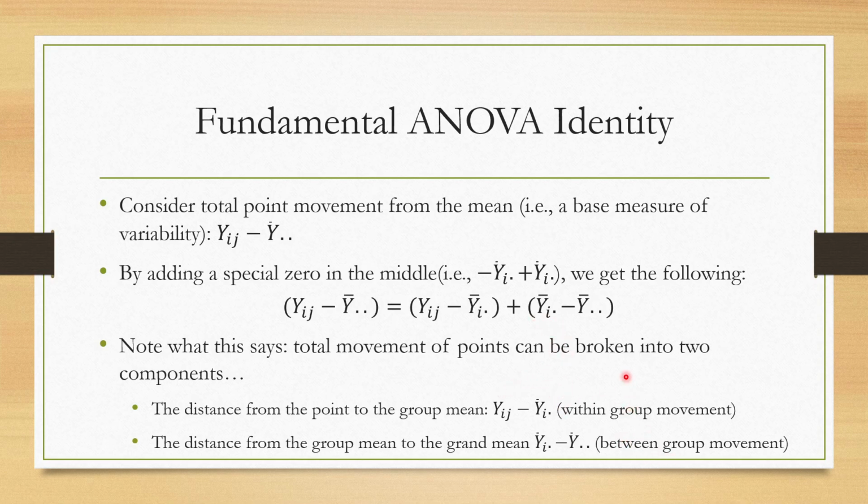And then the second component, which is looking at the group means, those dotted lines, compared to the golden line, the grand mean, is the between group movement. This is the main thing we wanted to look at in ANOVA. Again, this within group movement is kind of our error. This is what we're looking at to determine the background white noise, to determine if this group movement is big enough to be considered statistically significant.